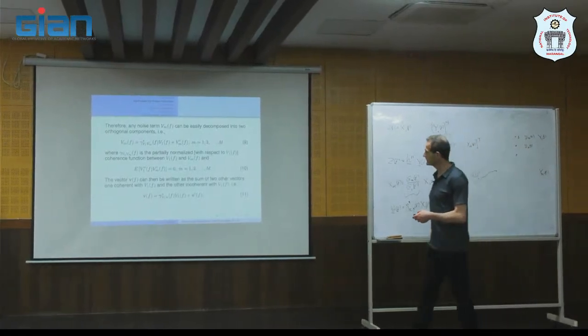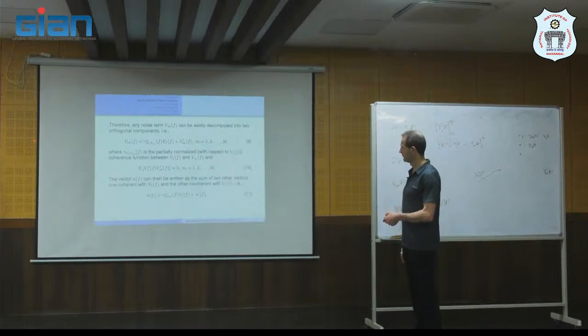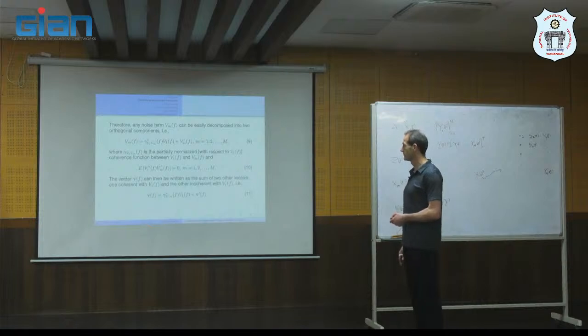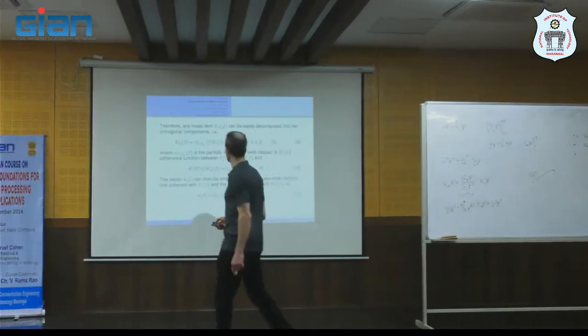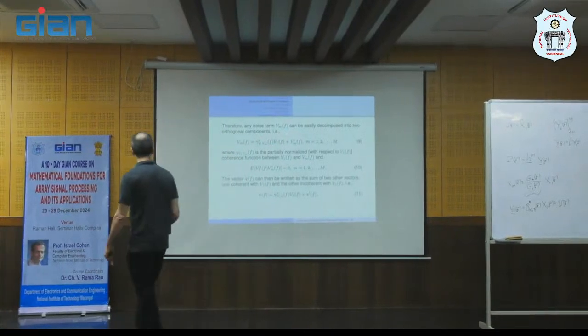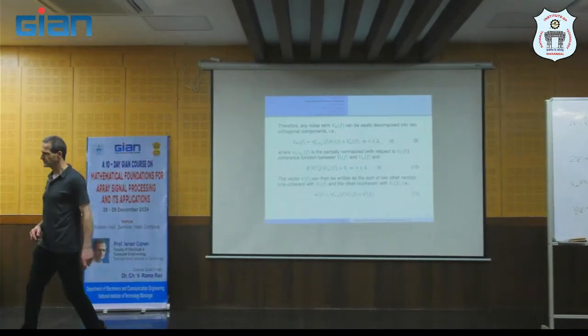So we can write VM, the noise component in the sensor M, as one term which is correlated with the noise in the first sensor, and the remaining noise. It's a useful way because these two components are uncorrelated, which is nice.